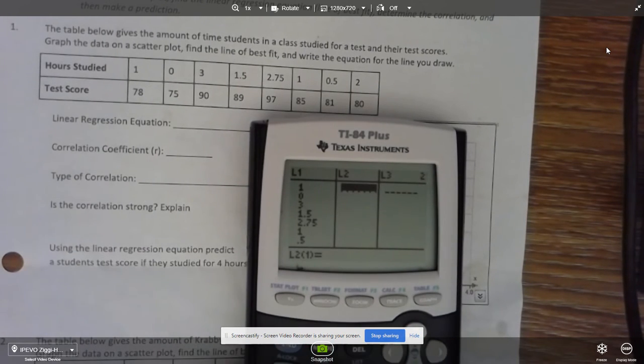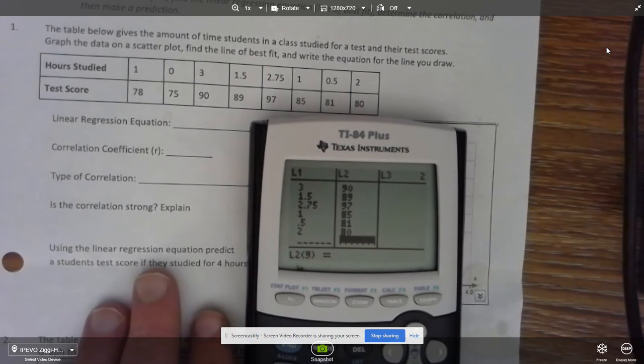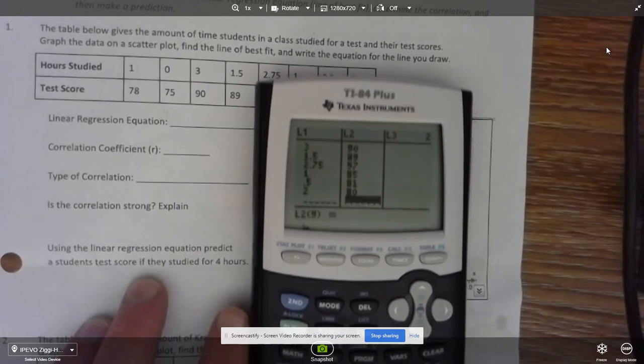And we go over to L2 and put those numbers in: 78, 75, 90, 89, 97, 85, 81, and 80. Okay, so now we have the data entered in, and now we want to get the equation.